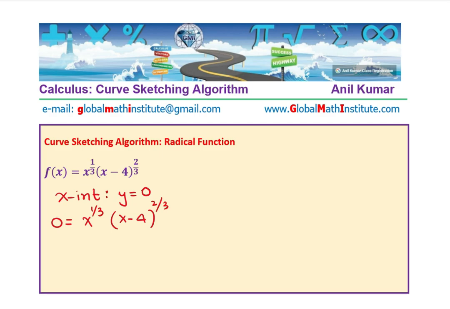So each factor should be 0. That gives you x-intercepts at x equals 0 and at x equals 4, correct? So we have two critical points here on the graph, which are 0, 0 and 4, 0.